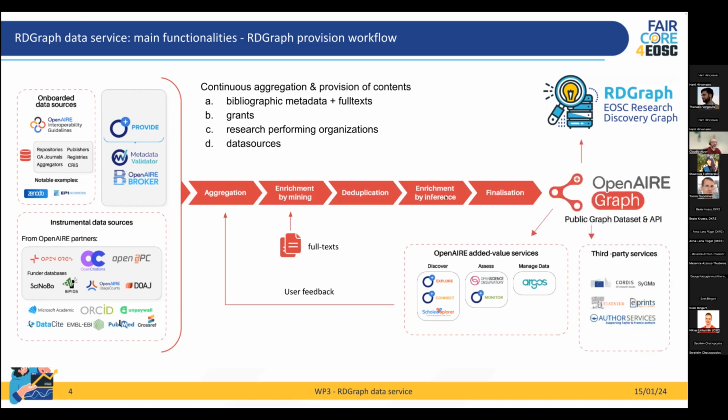Finally, the graph gets materialized into various forms. OpenAIRE services, as you can see here, like Explore, Connect, the Monitor, the Observatory. It's available from the OpenAIRE APIs, as we shall see later, and gets materialized as the RDGraph in the context of this project.